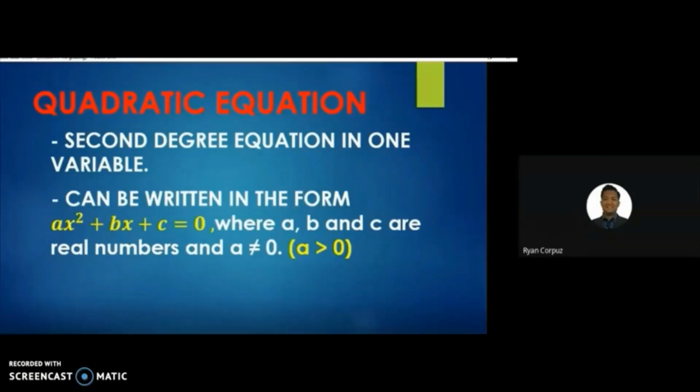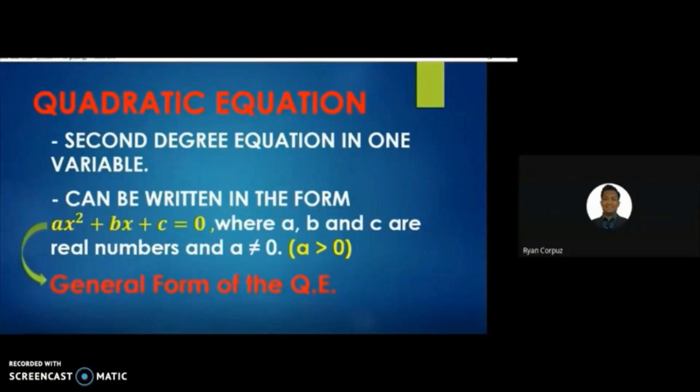So that will be the basis for us to come up with the quadratic equation. The value of a in the equation ax squared plus bx plus c is equal to 0 must not be equal to 0. So your a should be greater than 0.